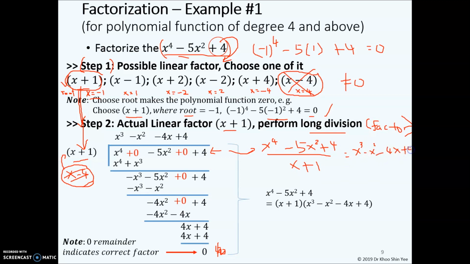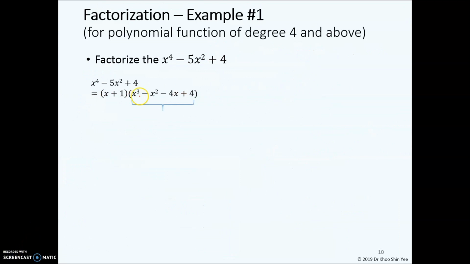So we can rearrange this to obtain this. The linear factor that you have here is x plus 1, and you have a cubic factor here. So what you need to do next is further factorize this x to the power of 3 term. So we continue with the x to the power of 3 term here.